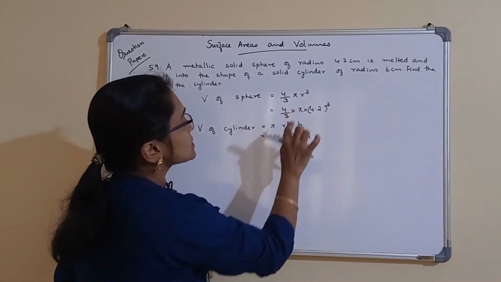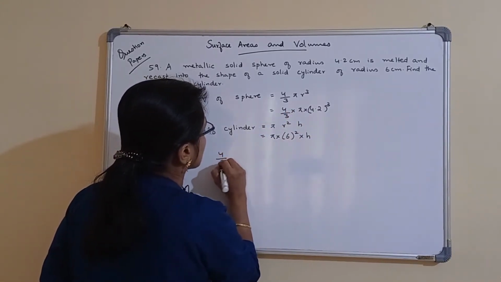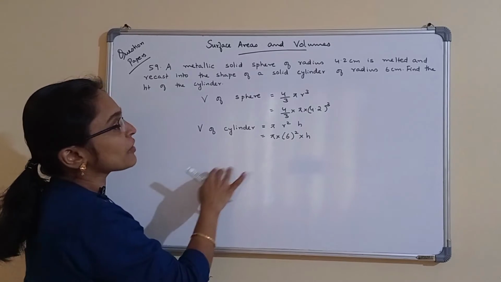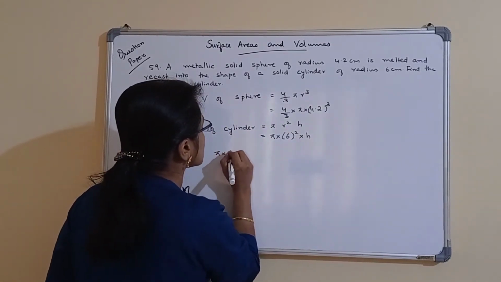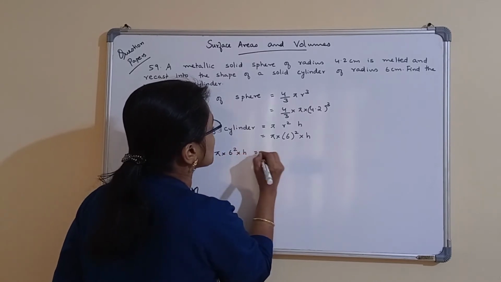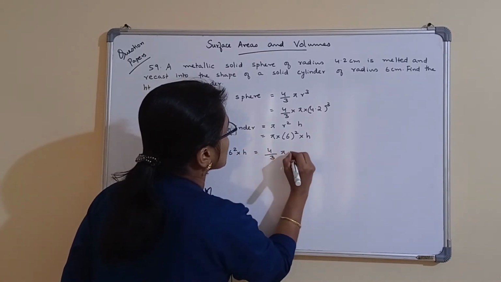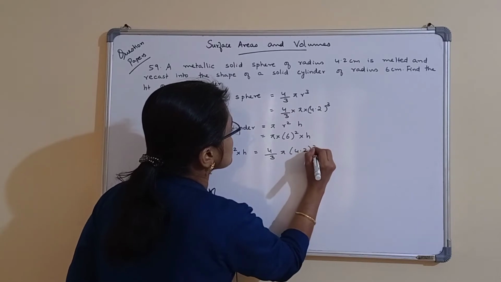We know that this is equal to this, so pi into 6 square into h is equal to 4 by 3 pi into 4.2 the whole cube.